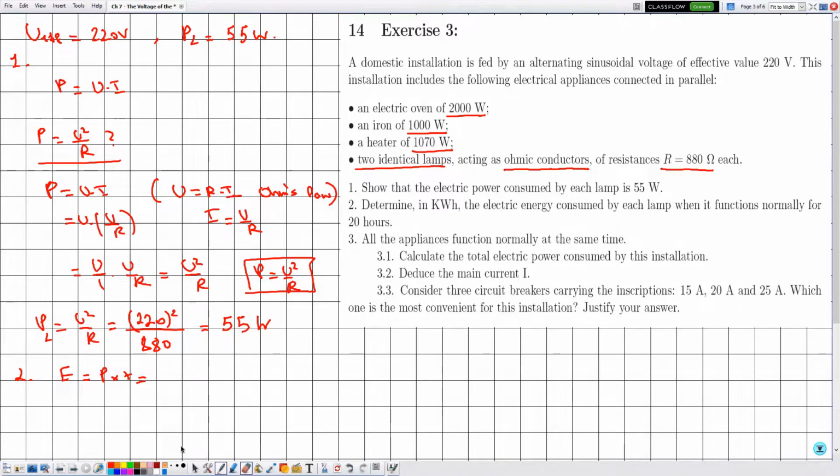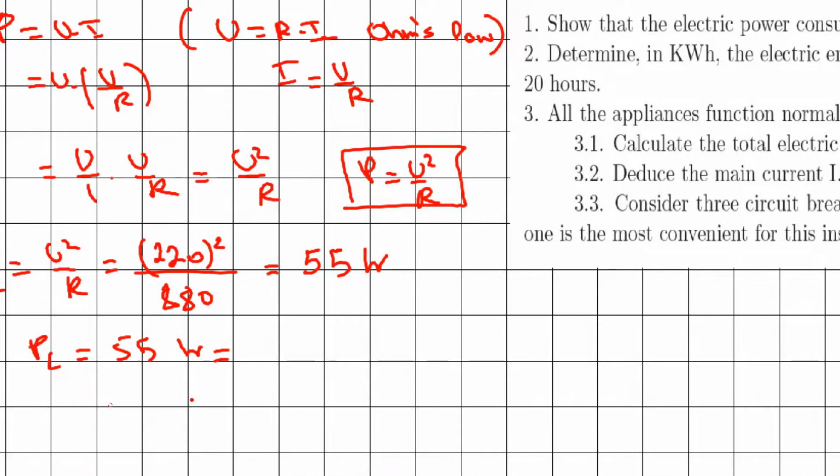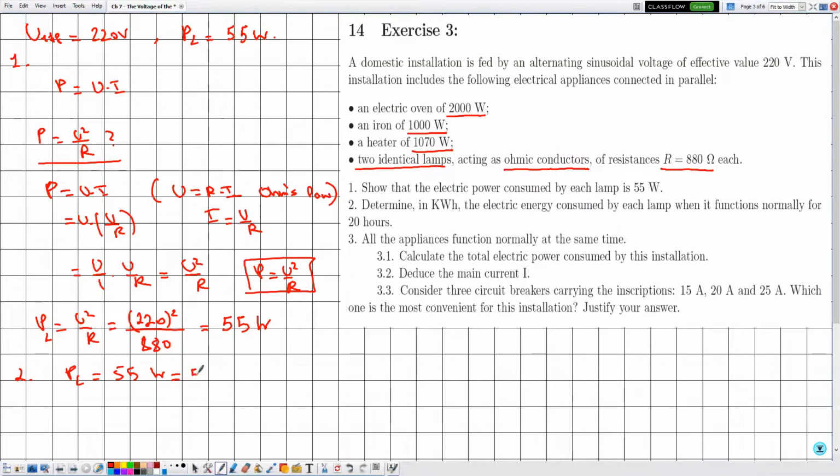So before starting with this formula, let me write here that the power of each lamp is equal to 55 watts. Since we are interested in converting from watts to kilowatts, we divide by 1000. Then 55 divided by 1000 is equal to 0.055 kilowatts.